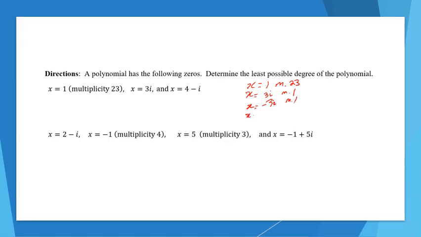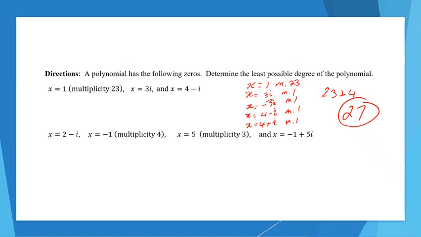And then we have x equals 4 minus i and x equals 4 plus i. Those complex conjugates as well, each with a multiplicity of 1. So it should be 23 plus 4 ones, so we should get 27 as our least possible degree of that polynomial function there. That's a crazy polynomial looking at that.